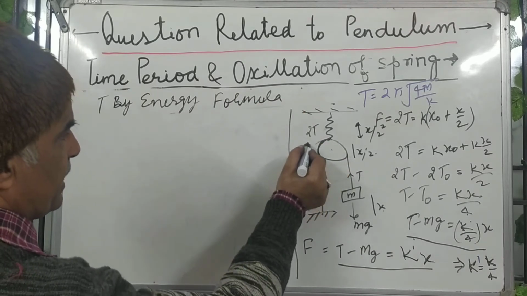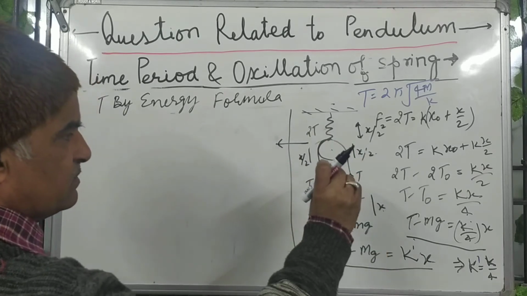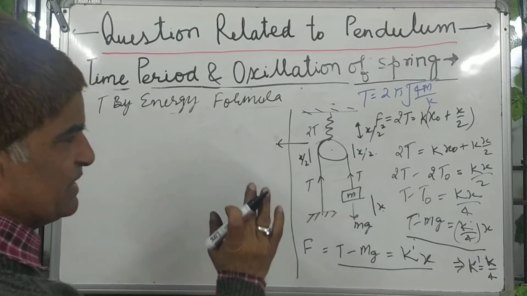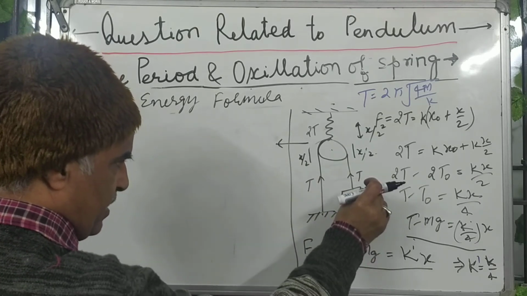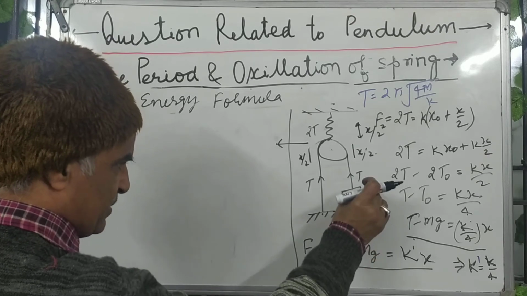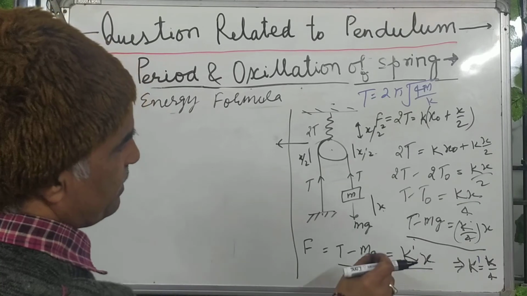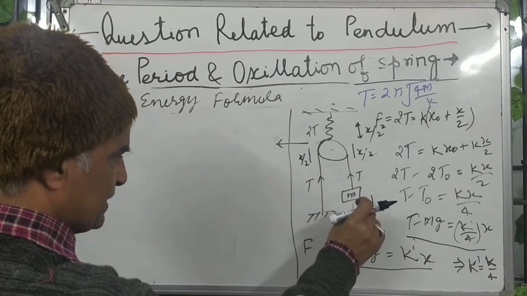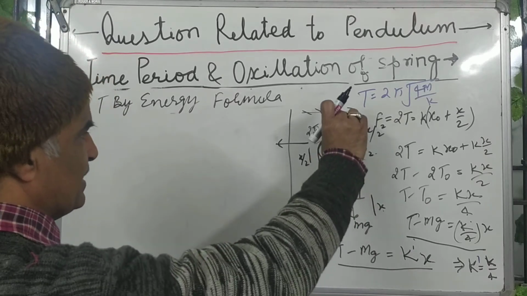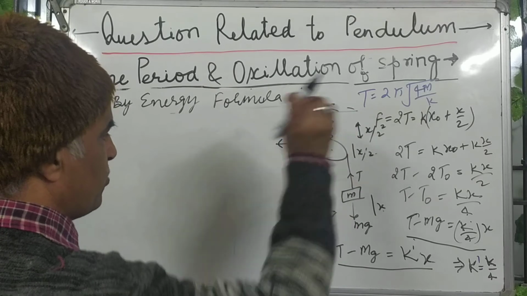And this diagram I am covering. First it was in the equilibrium state, now let it be displaced by x. Here I am showing x and here also I am taking x. If it is displaced by x, you know very well the extension in the spring will be x by 2.